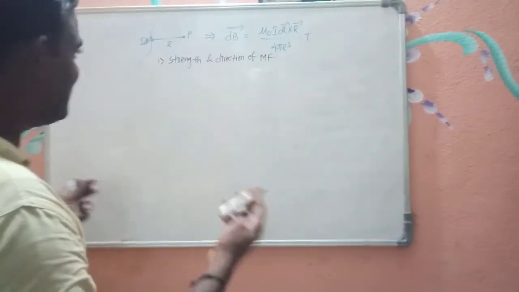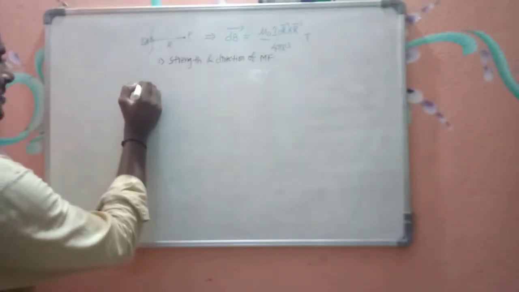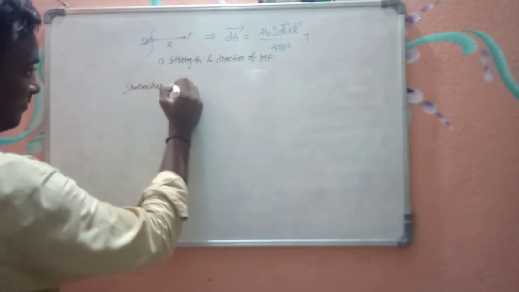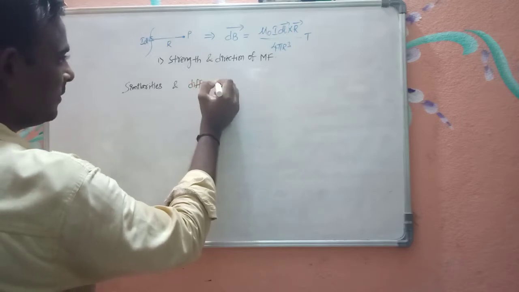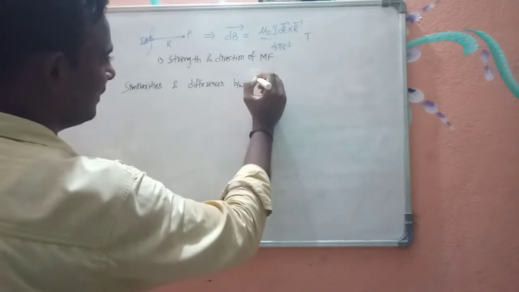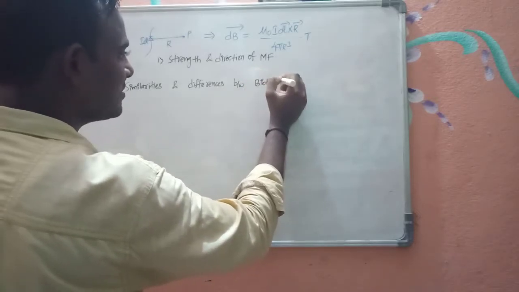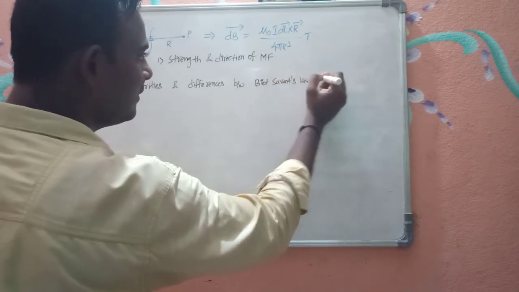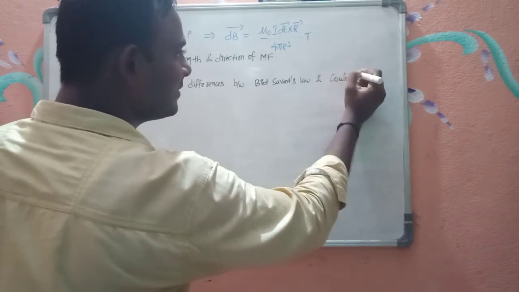Now we will see the similarities and differences between Biot-Savart's law, which is related to magnetic fields, and Coulomb's law, which is related to electric fields.